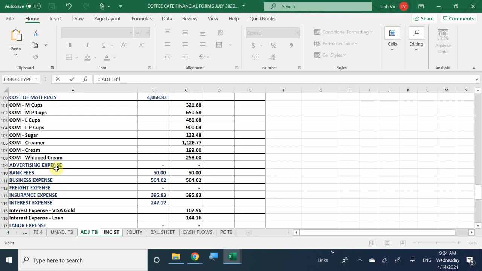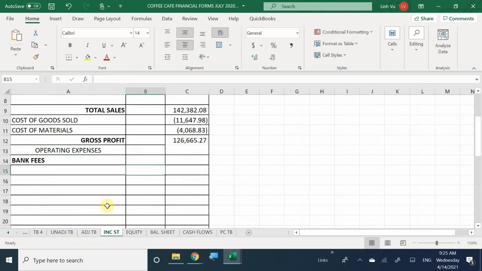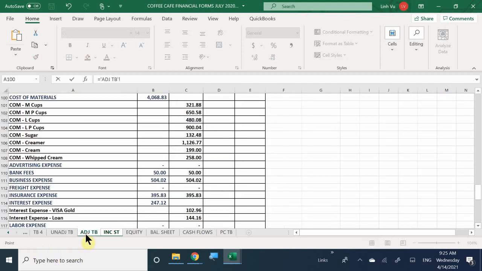Do we have an account balance there? No, so you can disregard it. There's no balance there. So what's our next one then? Bank fees, good. I'm going to do it on the left side so I can create a sum, okay? So how much was my bank fees? $50. Okay.